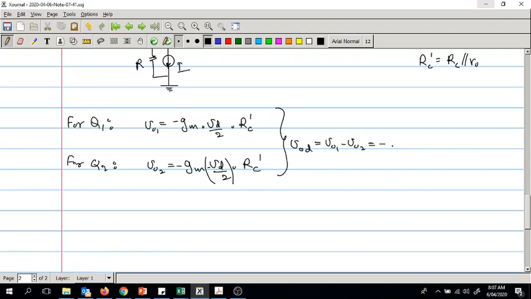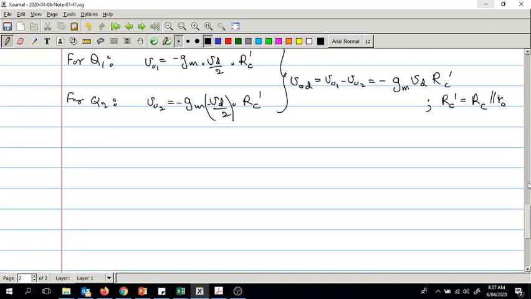The value here is the same, but this one will be negative and this one positive. So if you take V out 1 minus V out 2, you get twice of this. So minus Gm Vd Rc dash, right? So Rc dash is equal to Rc parallel R out, right?